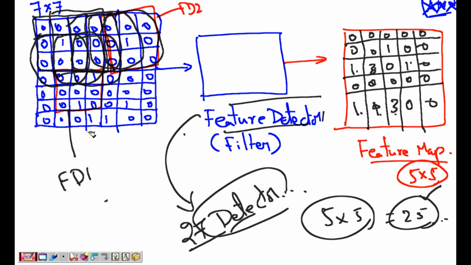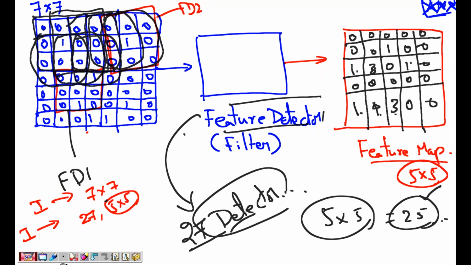Now previously our image was, as per this one, 7 by 7. Now what is our image? Your image is transformed into a convolution layer. Now what is this? It is 27 matrices of 5 by 5.